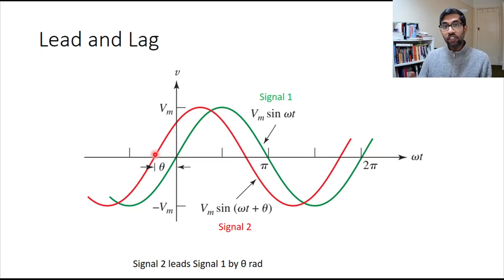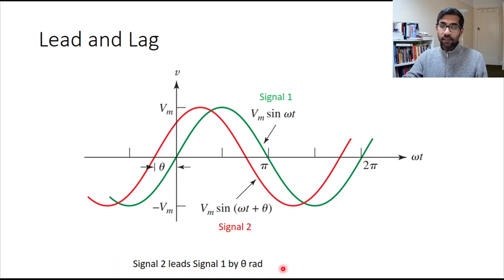And therefore, it reaches the same point before signal 1 reaches the same point. And therefore, signal 2 is leading signal 1. Probably the easiest way to think about it is just look at the phase. If the phase is more positive compared to signal 1, then signal 2 is leading. Okay. So in this case, we are saying that signal 2 leads signal 1 by theta radians.